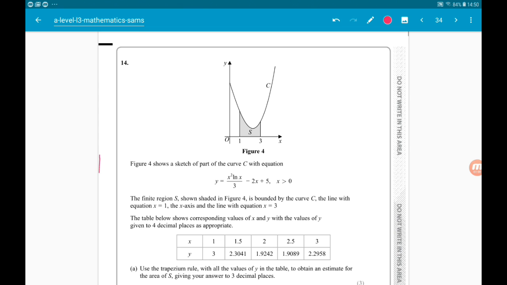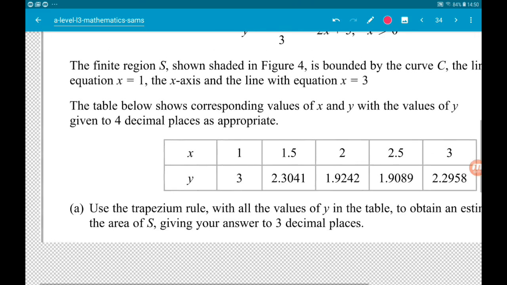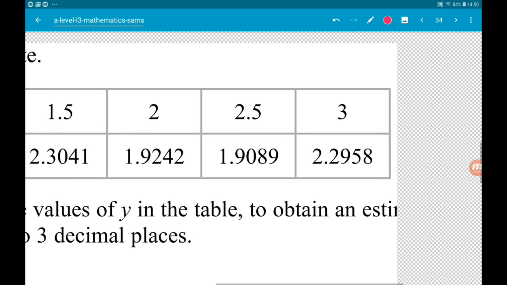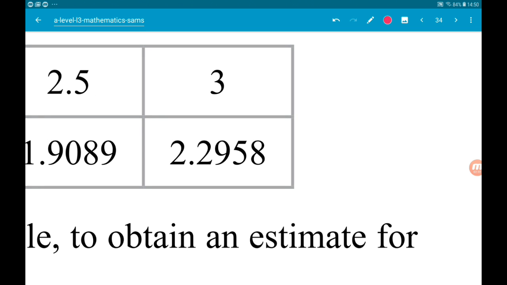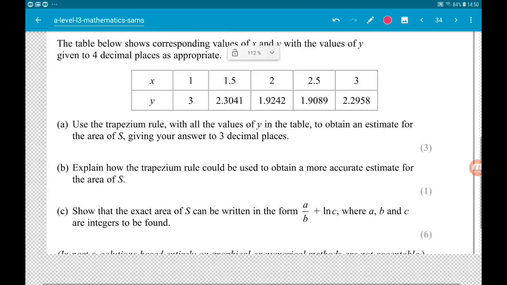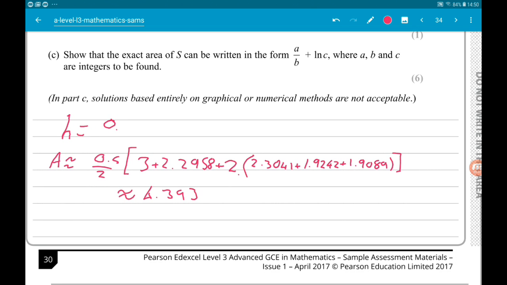We need to spot that h is 0.5, so that's the difference in the x values. Y0 is 3, and yn, the final y value, is 2.2958. So to speed things up, I've already done this. There is the Trapezium Rule with the values, and hopefully you can get 4.393.